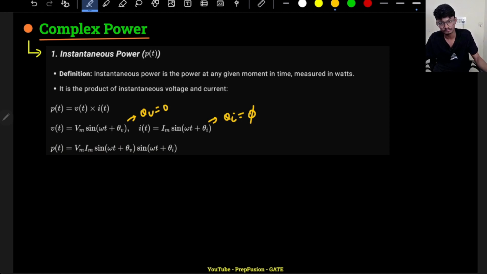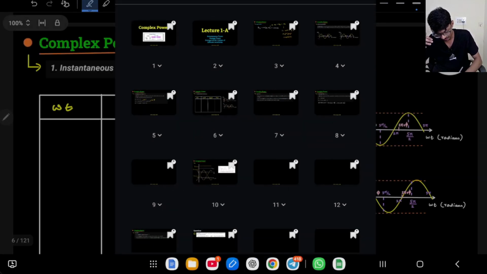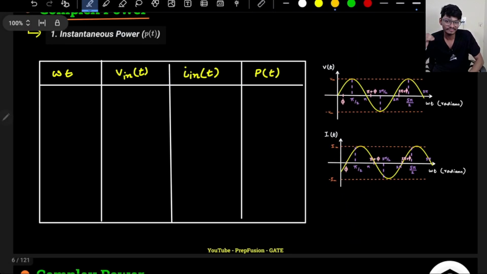That's it. Okay, so now let's do an analysis in a table. Let me delete this page. In the table, for different values of omega t, how is the voltage waveform? How is the current waveform? Is it positive or negative, and what about the power?